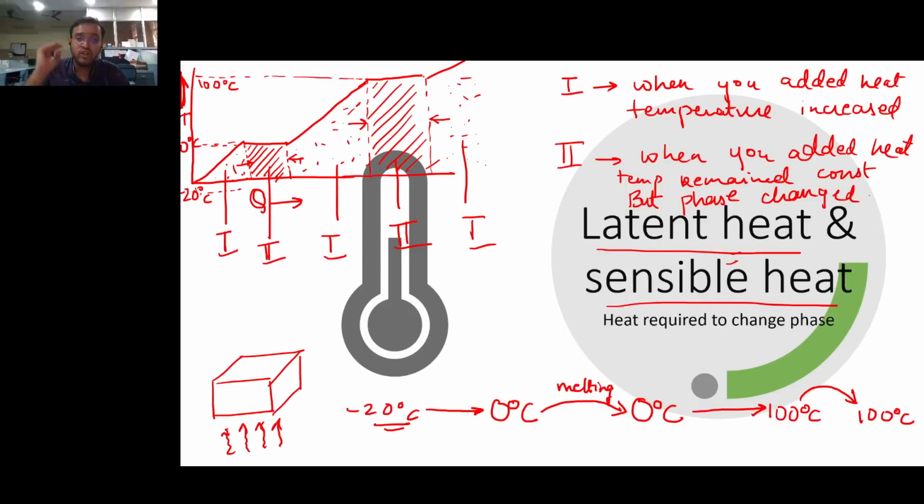The heating that you have done in 1 is called sensible heating. So one is called sensible heating and two is called latent heating.